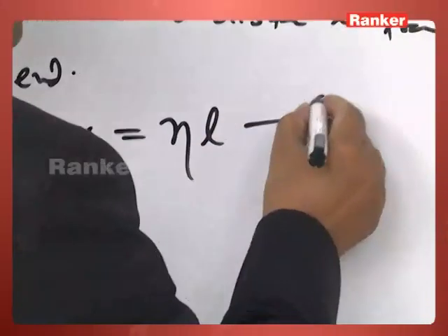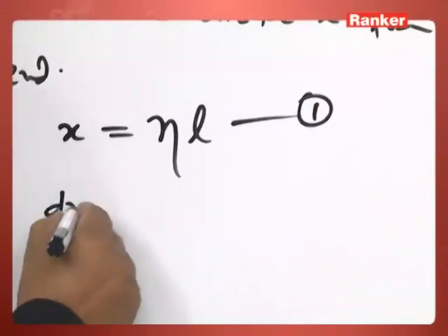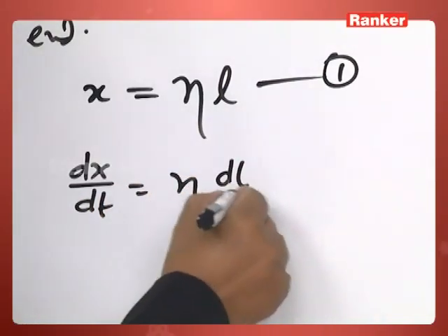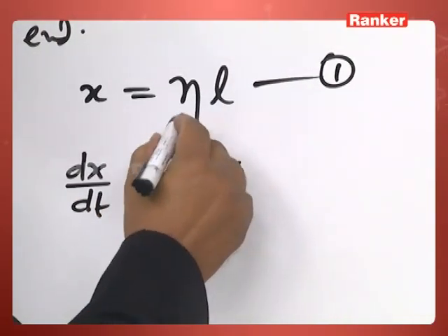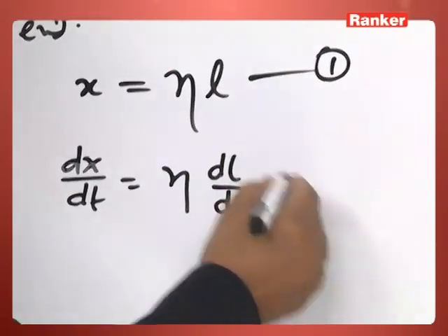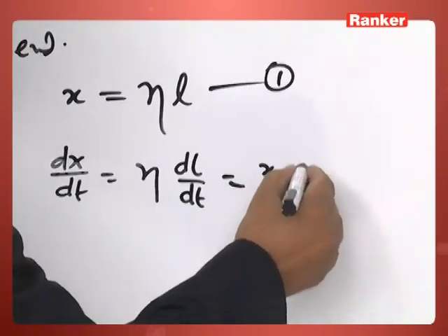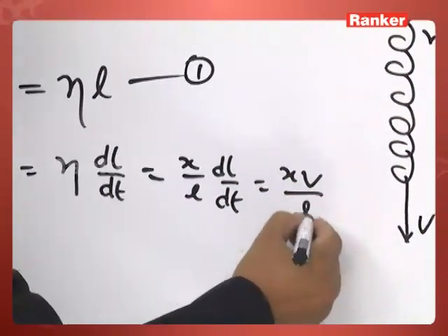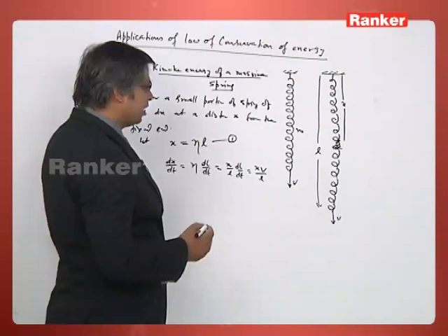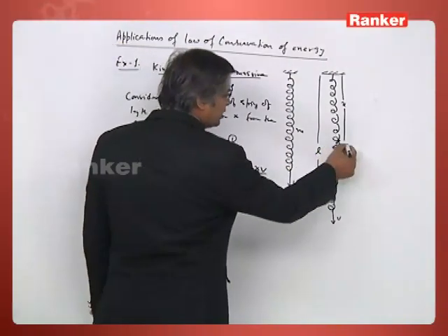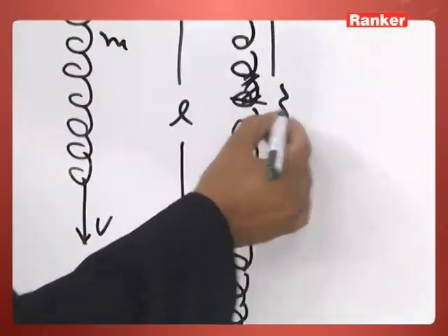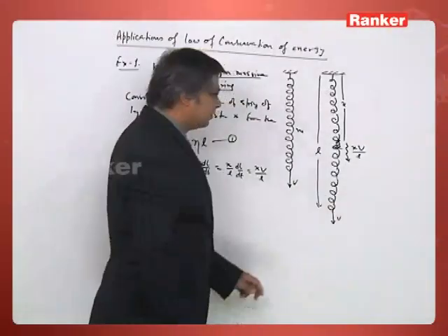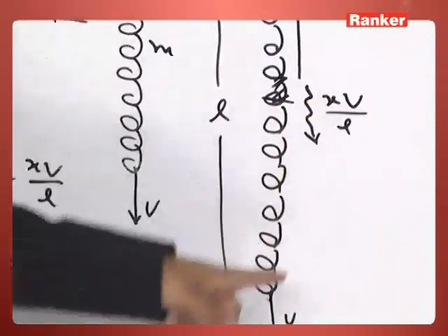So this is point 1. If I differentiate x, I get eta times dL by dt. Now back substitute eta, which means x by L. We have dL by dt as v, so the velocity of this point is x v by L. When x is equal to L, the velocity is v.